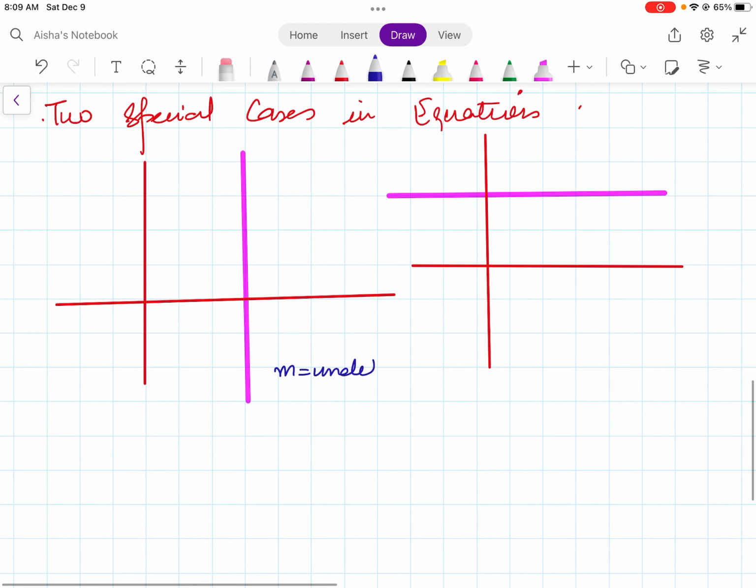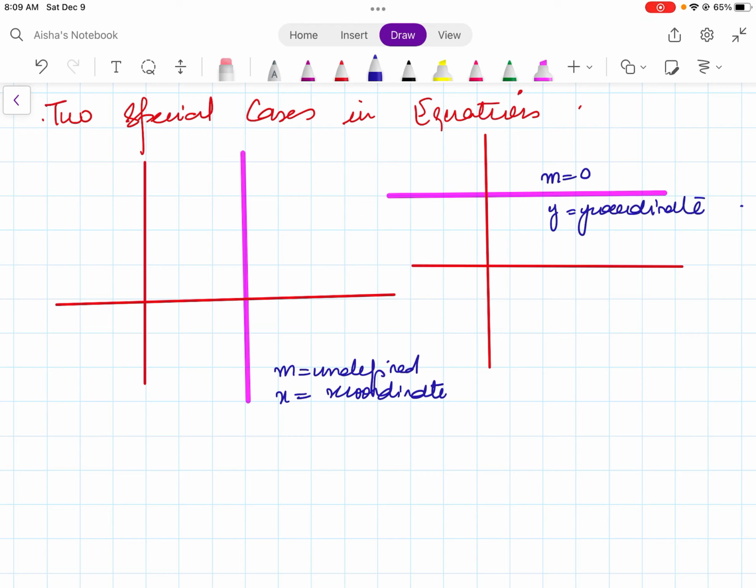For this one, the gradient is undefined, and the equation of the line is x equals to the x coordinate. For this one, the gradient is 0 and y equals to the y coordinate. Meaning, if this passes through 5, then the equation of line will be x equals to 5. And if this passes through 4, then y equals to 4 will be my equation of the line.